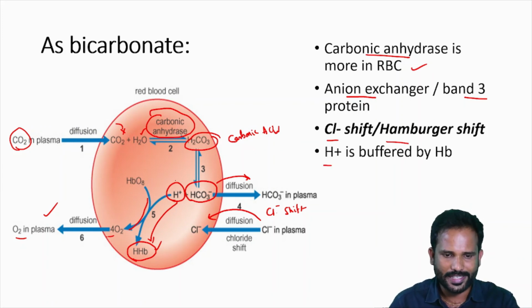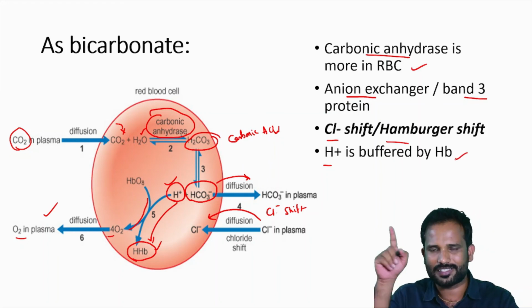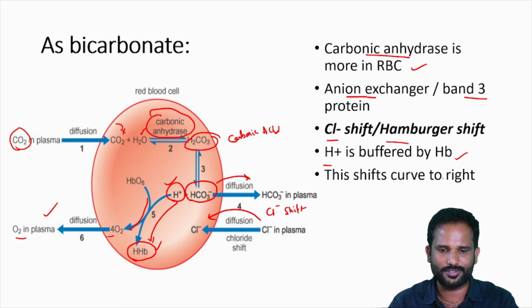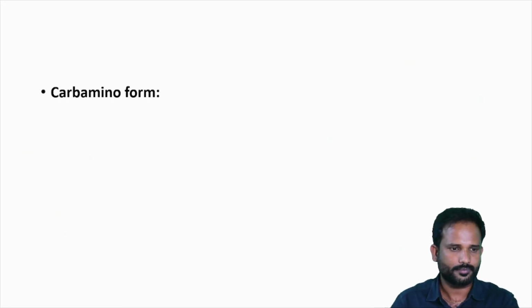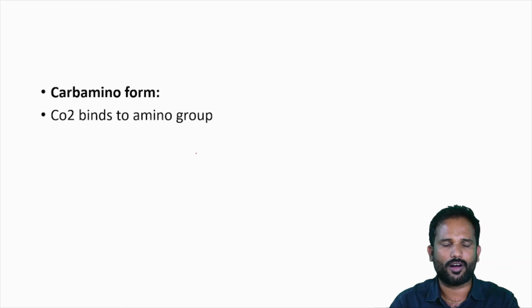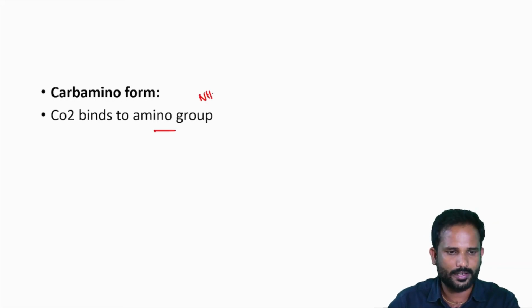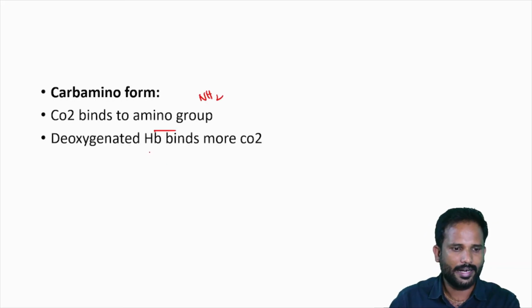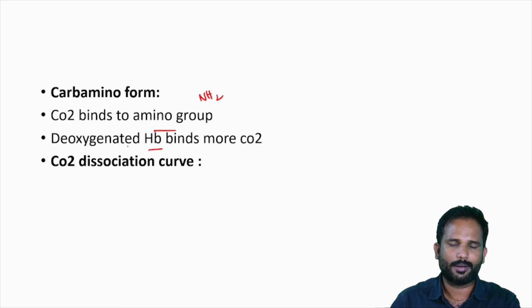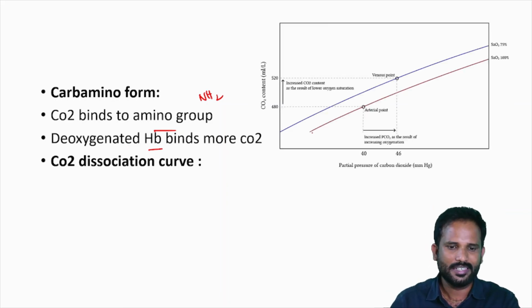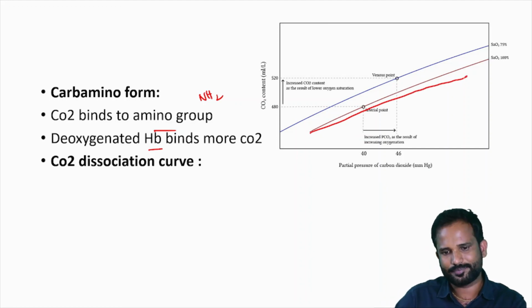Whatever H plus is formed is buffered by hemoglobin, and this shifts the oxygen hemoglobin dissociation curve to the right, and we call this the Bohr effect. In the carbamino form, carbon dioxide binds to the amino group, the NH2 group, and deoxygenated hemoglobin binds more carbon dioxide. Coming to the carbon dioxide hemoglobin dissociation curve, it is almost linear.